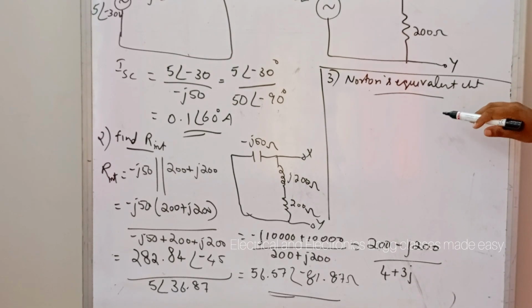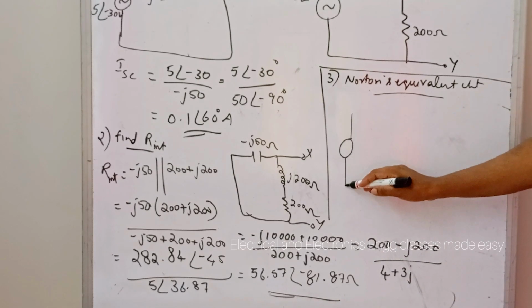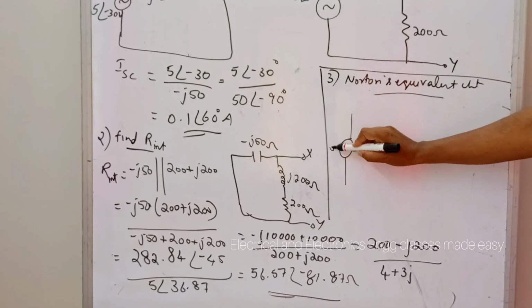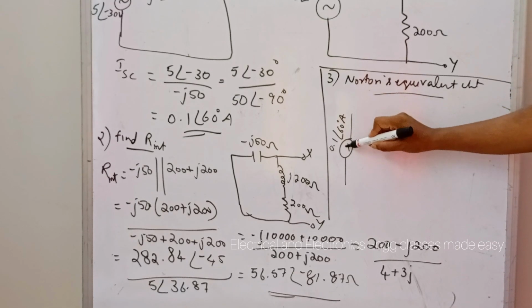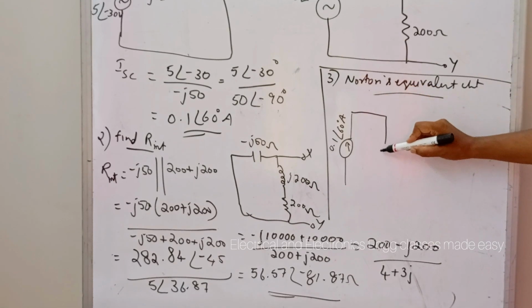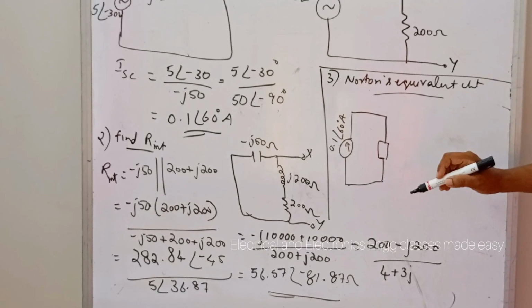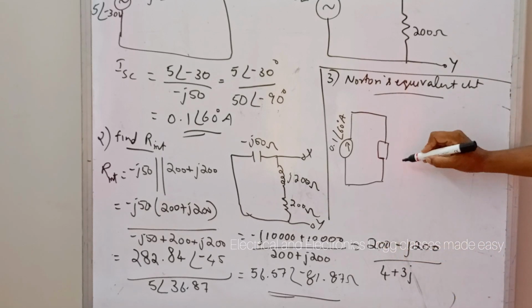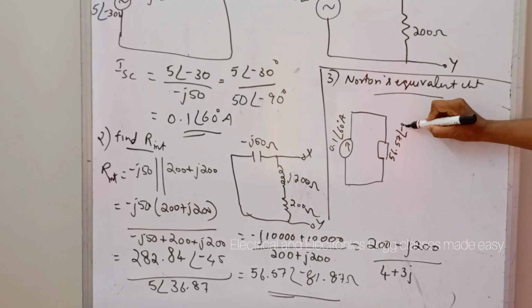Now the question is to draw the Norton's equivalent circuit. For that, first of all, draw the ISC. ISC is 0.1 angle 60 degree ampere, in parallel with the internal resistance, that is 56.57 angle minus 81.87 ohm.